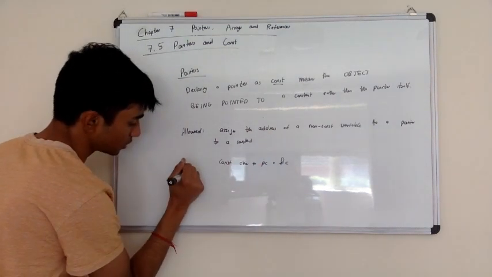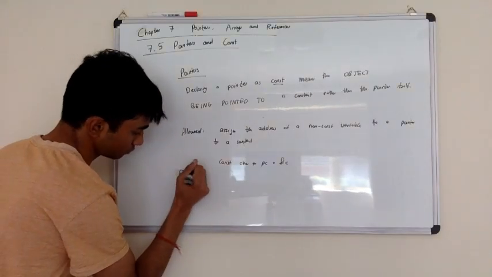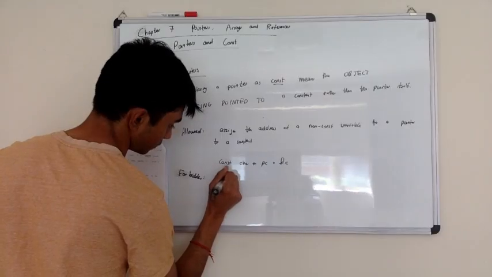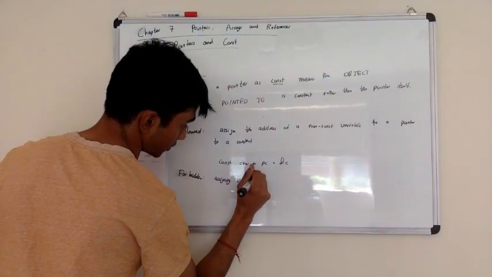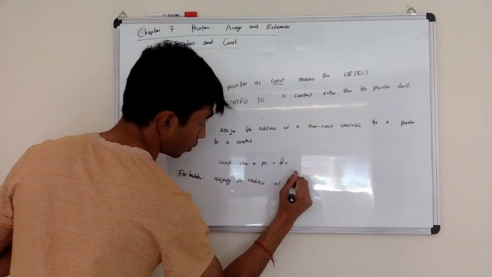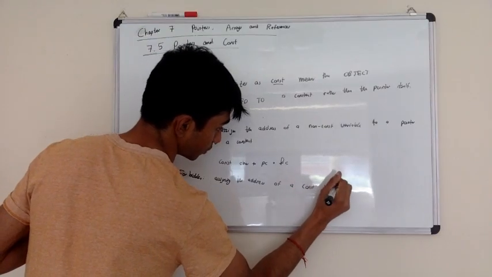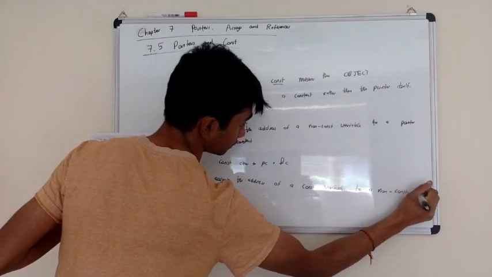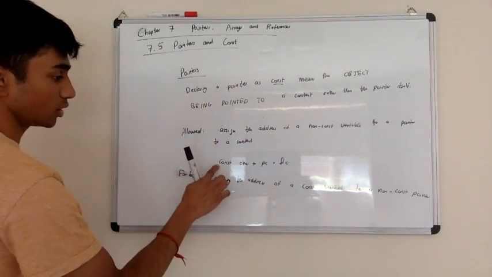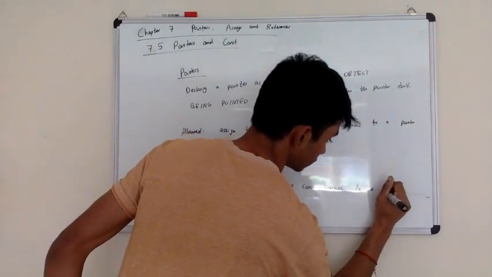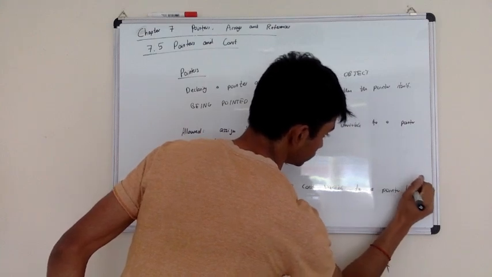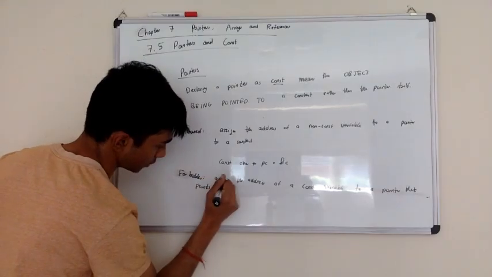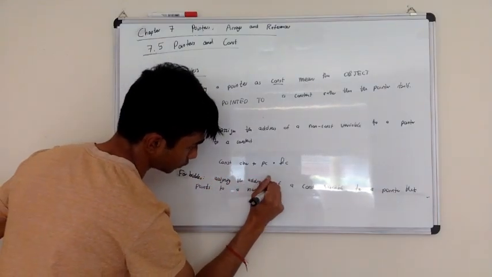However, what's forbidden? What you shouldn't be doing is assigning the address of a const variable to a non-const pointer, or rather a pointer that points to a non-constant variable.